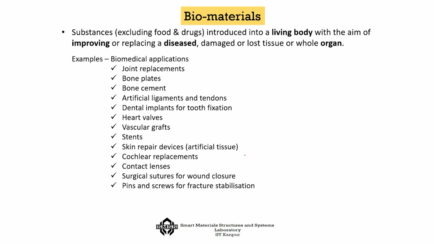So, biomedical applications would include joint replacement, bone plate, bone cement, artificial ligament, heart valves, some of the great applications, stents, cochlear replacements, and then of course, contact lens, surgical sutures and all sorts of things.